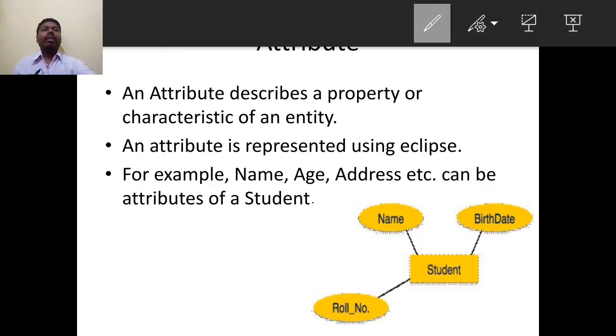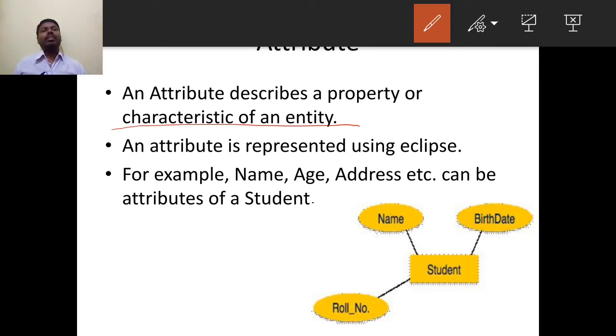Next, attribute. An attribute describes a property or characteristic of an entity. We know that an entity can be an object, place, or person, right? If we take one small example, we can take a student. Student is an object. We know that an object has characteristics and behavior.